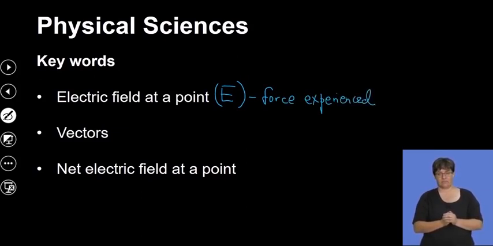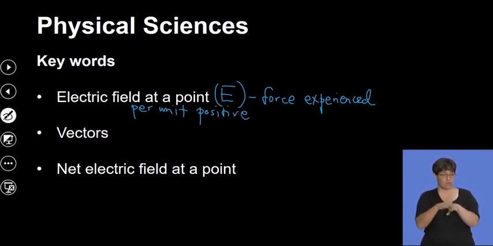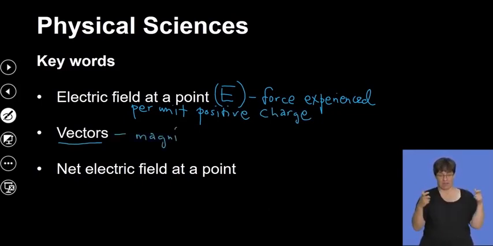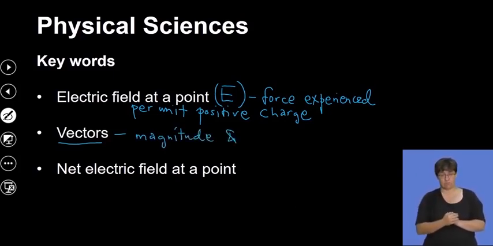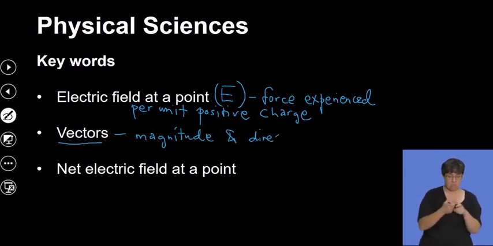Remember, when you talk about a unit positive charge, you are talking about +1 Coulomb. So this is the force experienced per unit positive charge, which is a vector quantity. The emphasis is on magnitude as well as direction.